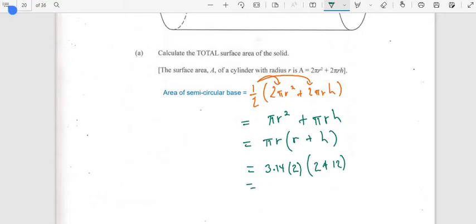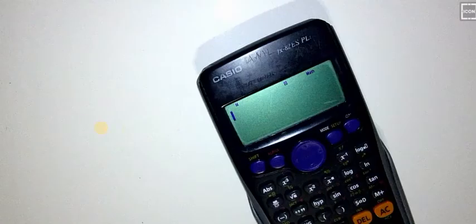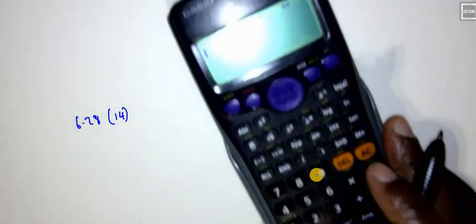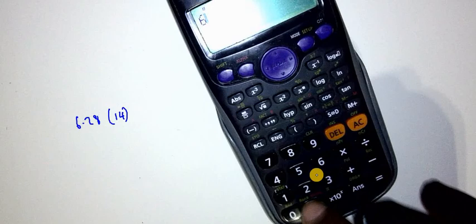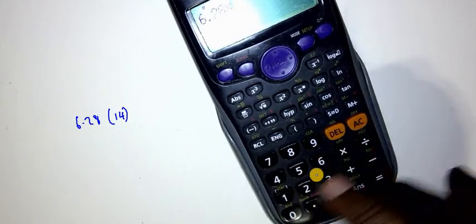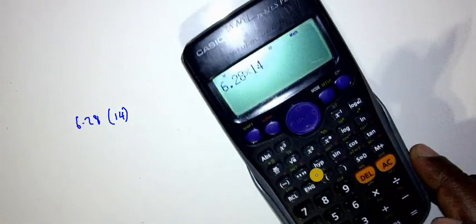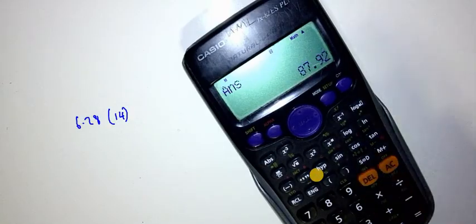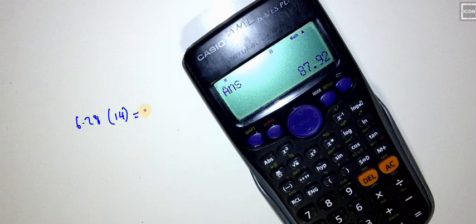Alright, so put that in your calculator and see what you get. Before we even do that, let's multiply this by 2. We get 6.28 times 14. So it's 6.28 times 14, and that's going to give us 87.92.